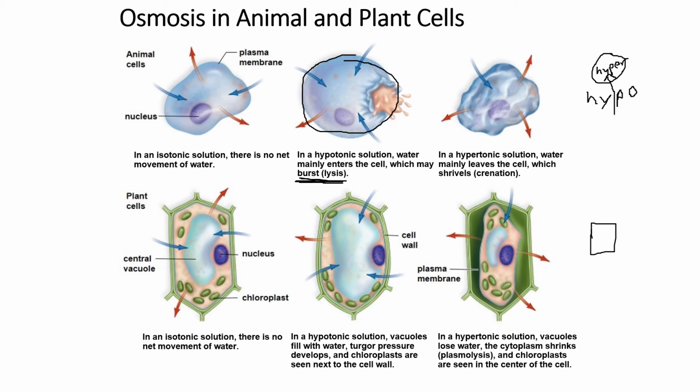If you put a cell in a hypertonic environment, that means the cell is hypotonic. Water will move towards the hypertonic side. So water would move out of our cell, and that will cause the cell to shrivel.